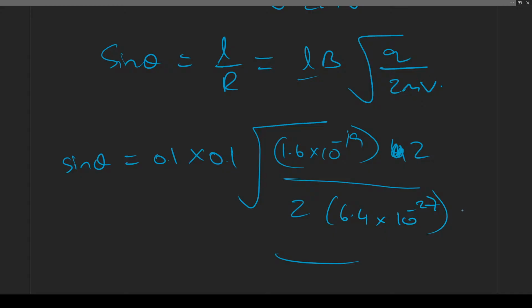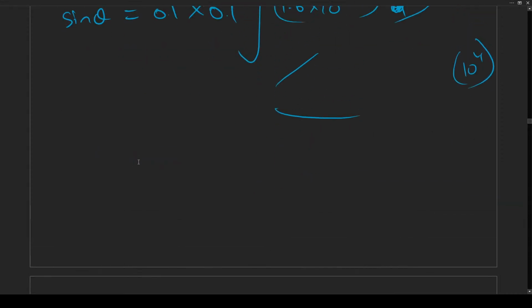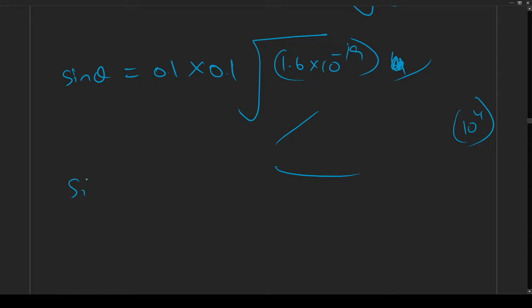and voltage is 10 power 4 potential difference. Sine theta is equals to 10 power minus 2 root of, let's just write the final value, I guess.